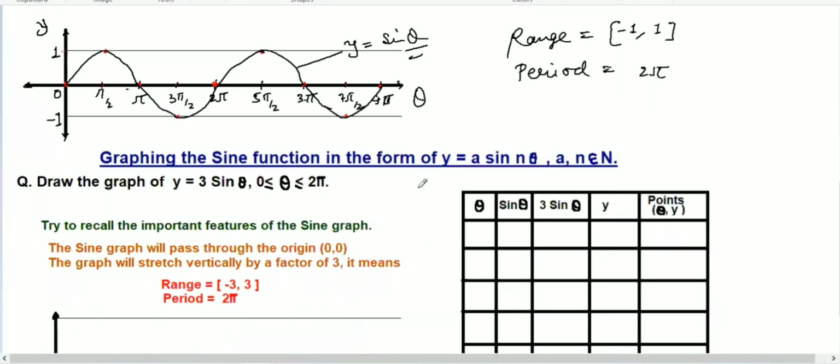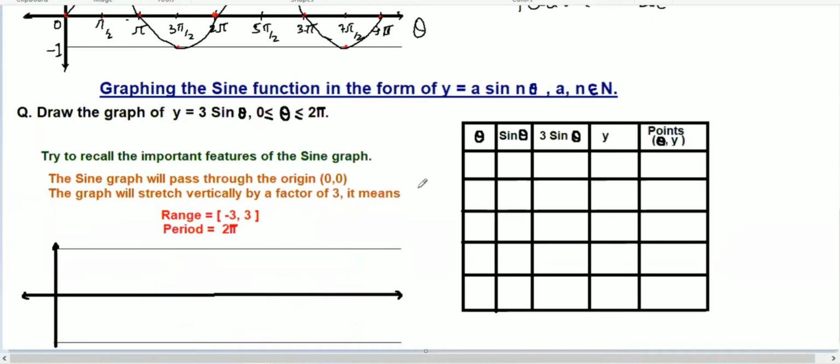Now next we will take variation of sine theta. Now the topic here is graphing the sine function in the form of y equal to a sine n theta, where a and n belong to natural numbers. What we did previously was y equal to only sine theta. Now here it was 1, but here some number will be there, and here also it was 1.